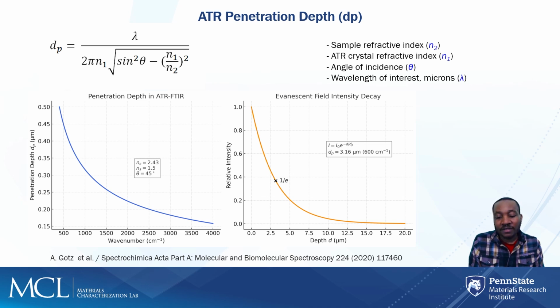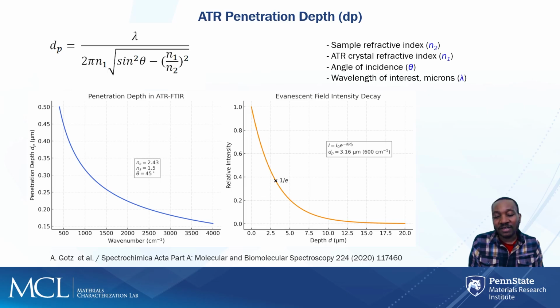And another thing that I'd like to mention is that the evanescent wave that I discussed in the last slide, the intensity of that field, is not constant throughout the depth. So for example, if we say that we've got an evanescent wave that's going about 1 micron into your sample, the intensity of that electromagnetic field is going to be much stronger close to the interface of the sample and the ATR crystal than it is further into your sample.